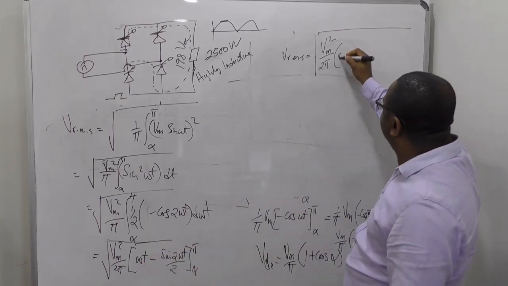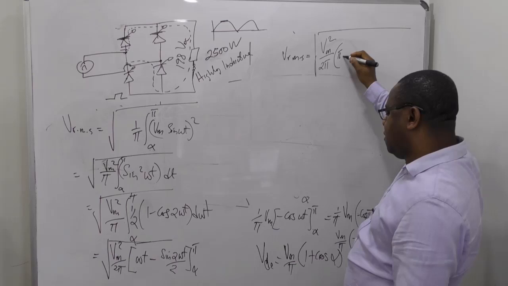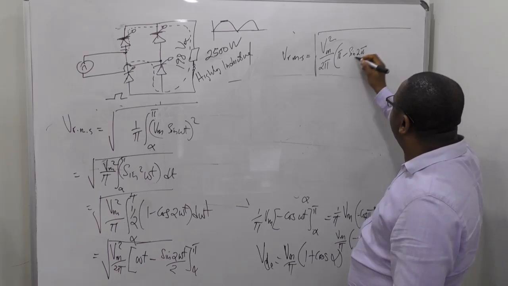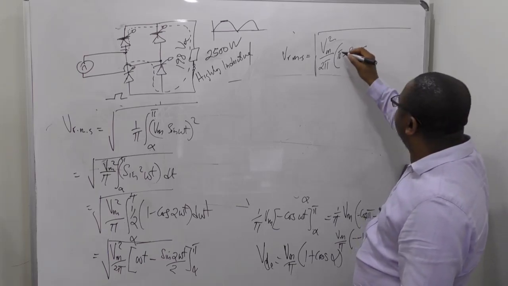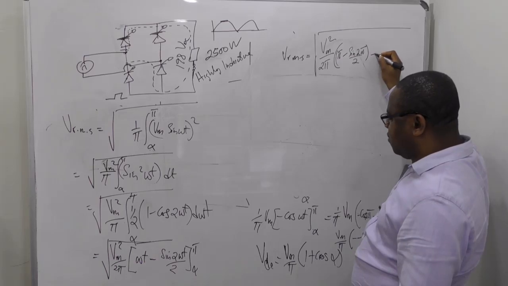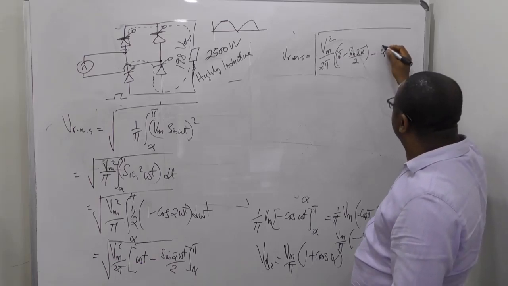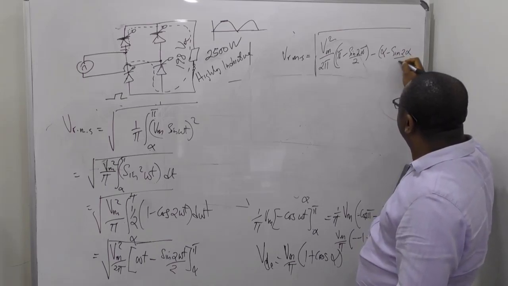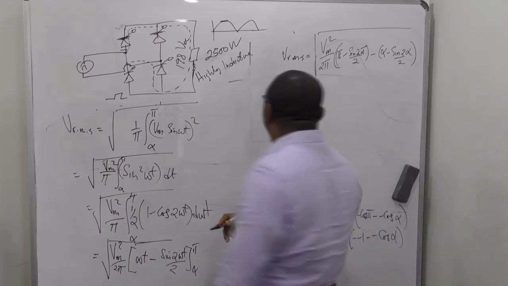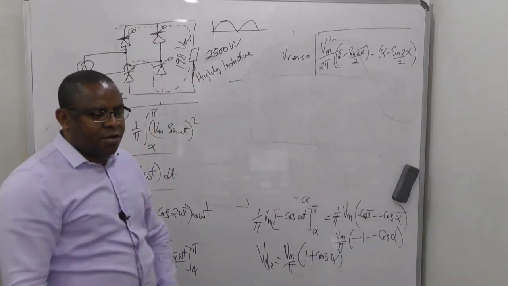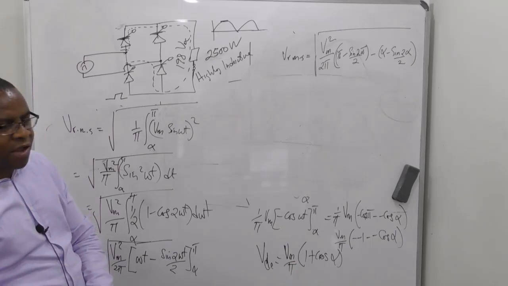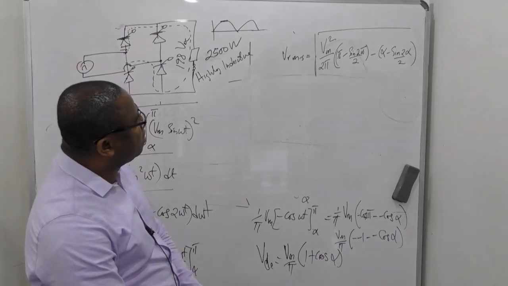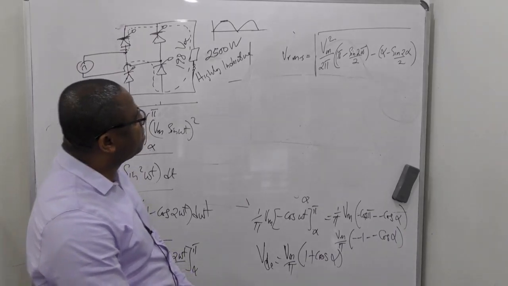We'll have pi minus sine 2 pi over 2, so this minus alpha minus sine 2 alpha over 2, like that. All right, so we get something like that. Then we just need to open up the bracket.